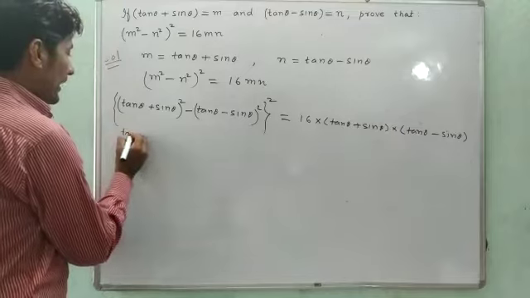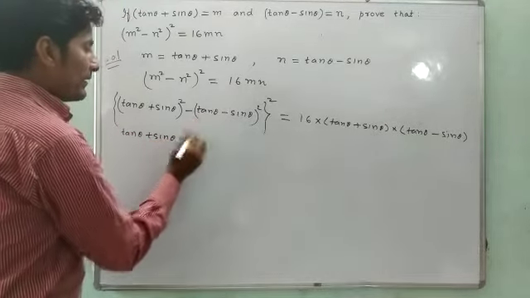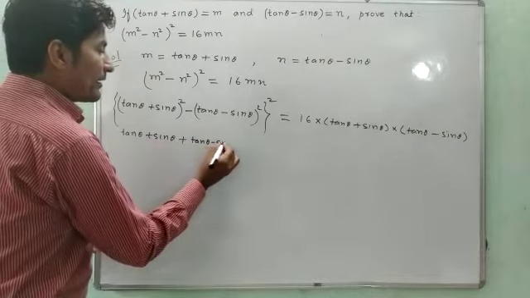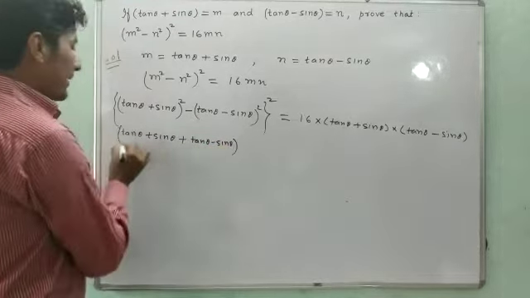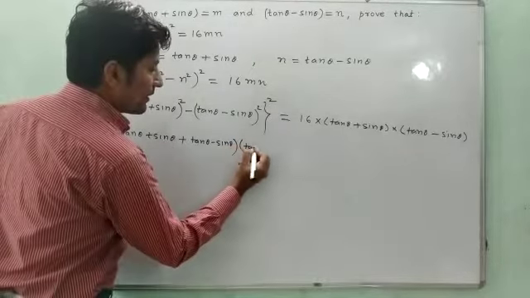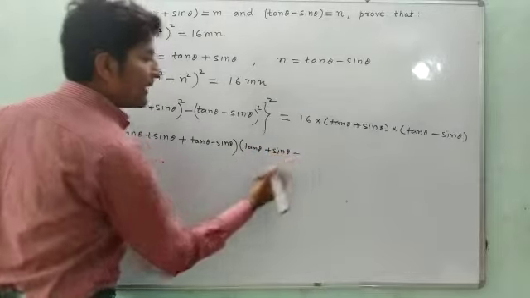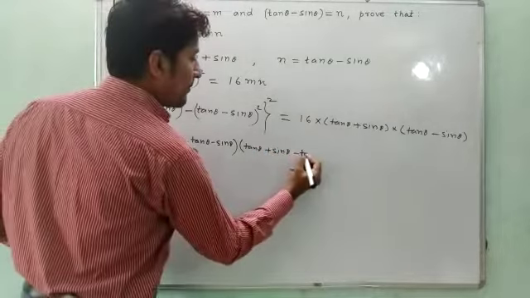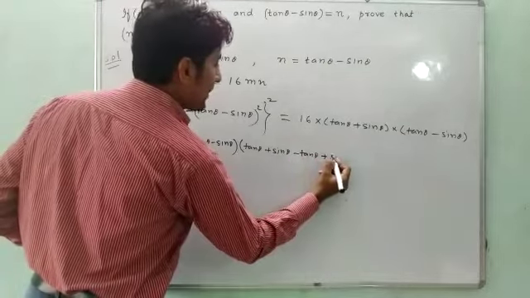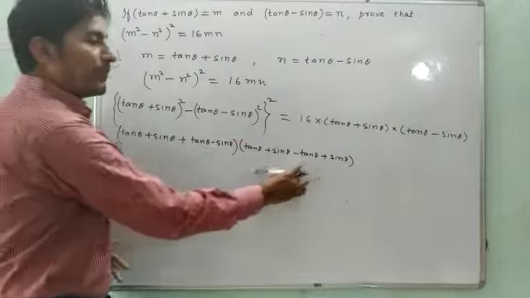So we can write here (tan theta plus sin theta plus tan theta minus sin theta), that is a plus b, then we have to write a minus b also: a means tan theta plus sin theta, minus b, then minus tan theta, and it will be converted to plus sin theta. If we subtract both, then we will get this equation.